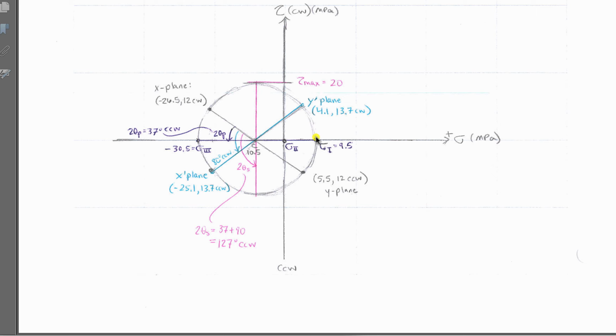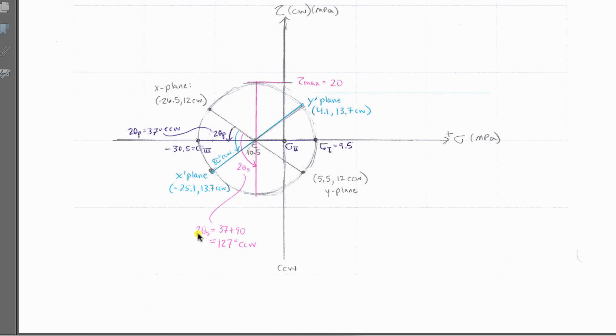Okay, so then we have our rotation to our shear coordinate system, so I'm going to do that as well. So we have our shear max in plane and overall is 20 megapascals. And so here we have our x-plane. I'm going to, again, base this off the x-plane just because that's easiest for me. So for my x-plane to rotate down to the maximum shear, I'm going to keep it counterclockwise, and I know that this original rotation was 37 degrees to the principal coordinate system, and then we have to go another 90 degrees to the shear coordinate system.